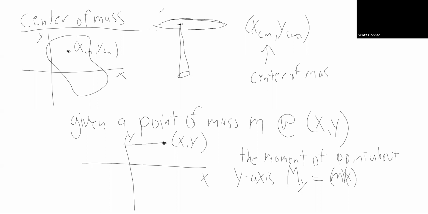So it's going to be the mass times the directed distance from the y-axis, so little m times the x coordinate of your point. And similarly, the moment about the x-axis is going to be the mass times the y coordinate.